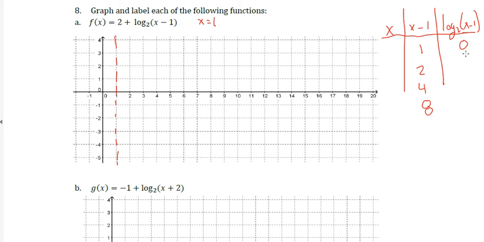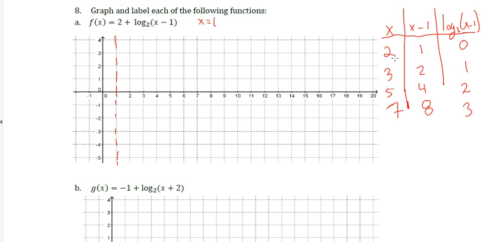So I end up with 0, 1, 2, 3. Now this isn't my actual x value, this is x minus 1. So I need something minus 1 to give me 1, 2, 3, 5, 7. These are my x values now.